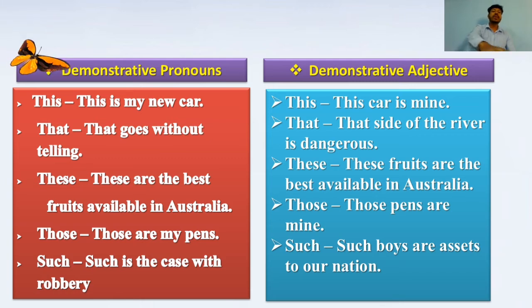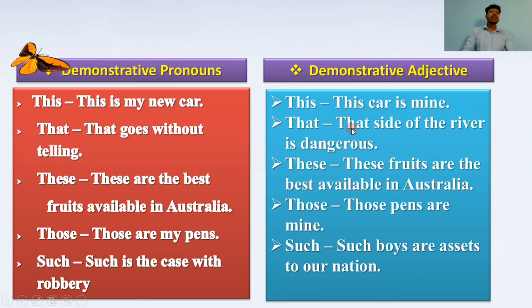So here, demonstrative adjective: after a demonstrative, if you use any noun, then this demonstrative is treated as a demonstrative adjective, such as "this car". Here this is a demonstrative adjective because there is a noun just after this demonstrative.